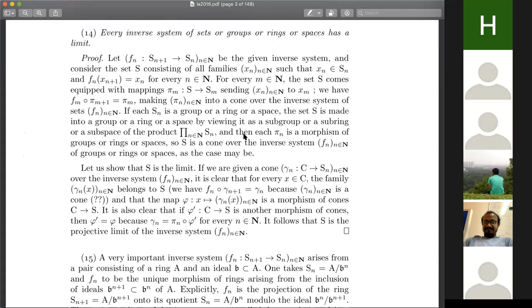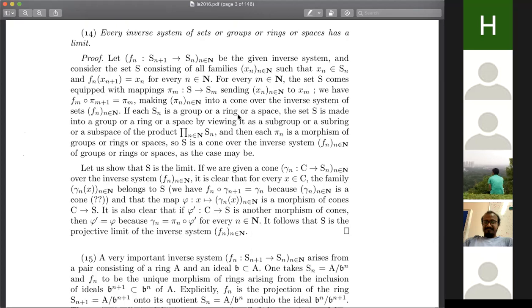So inside this product of all these spaces, you take a suitable subset which has the property that, when I go down from the product to Sn and to Sn, you just look at those families.